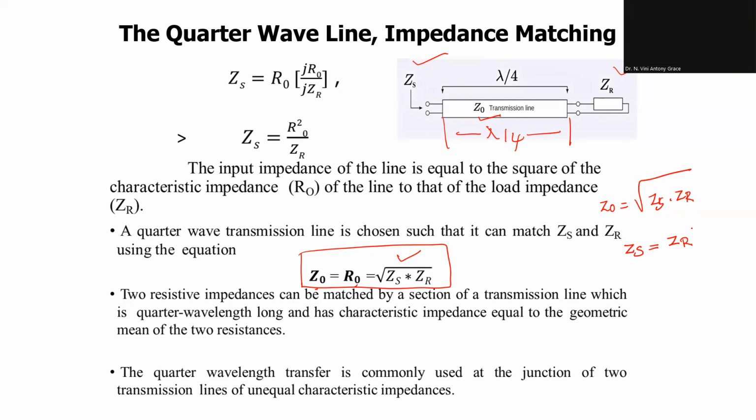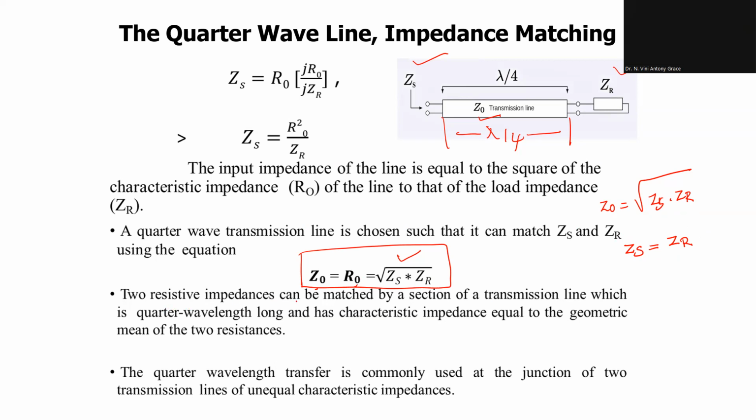The transmission line is said to be a matched transmission line, and this will avoid reflection. In other words, this will ensure maximum power transfer from the source to the load. That is what is given here.